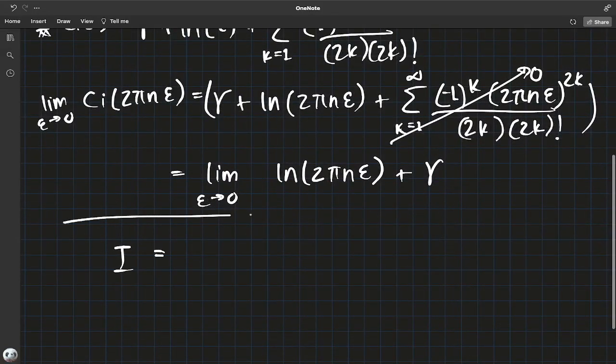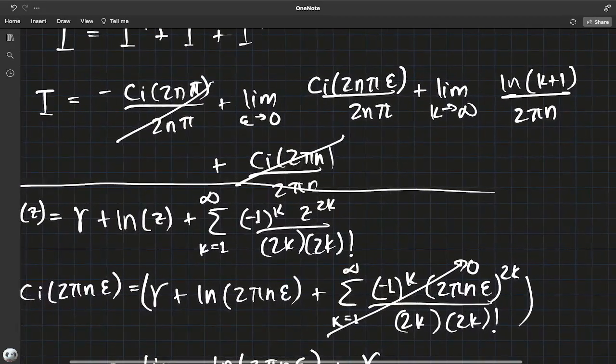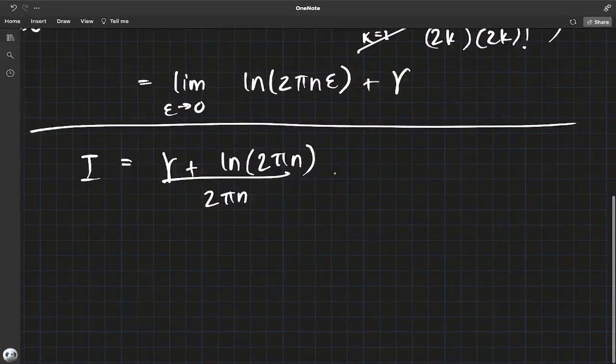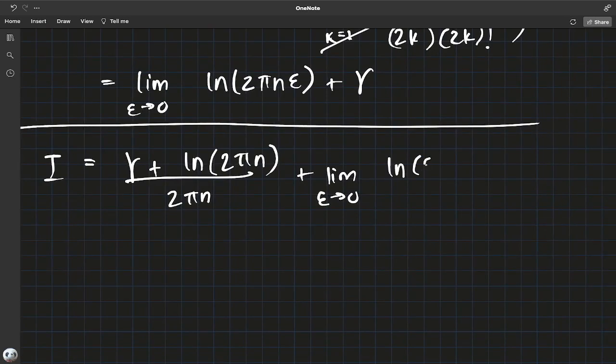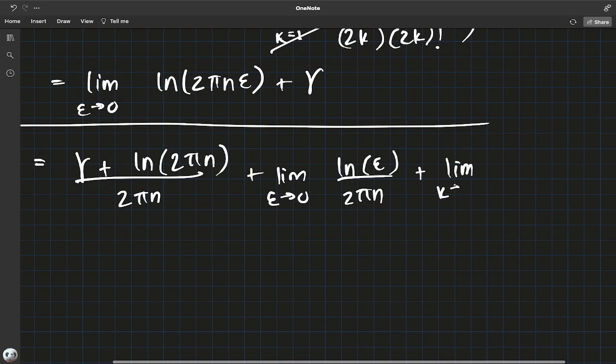But now this just means that our I is simply, instead of this, we can substitute this now. Plus natural log, I could split this up with log properties, divided by 2 pi n because that was the prefactor up front, plus limit as epsilon goes to 0, that's the epsilon part, natural log of epsilon over 2 pi n, plus limit as k goes to infinity, natural log of k plus 1 over 2 pi n.